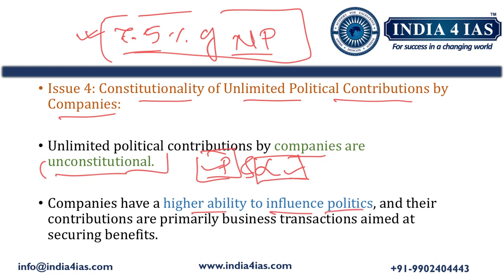So their unlimited funding to the political parties can influence the nature of politics in India, and this may disproportionately affect the common people. Through this logic, the court held that unlimited political contributions by companies are unconstitutional in nature. So this is all about the Supreme Court verdict on the electoral bond scheme.